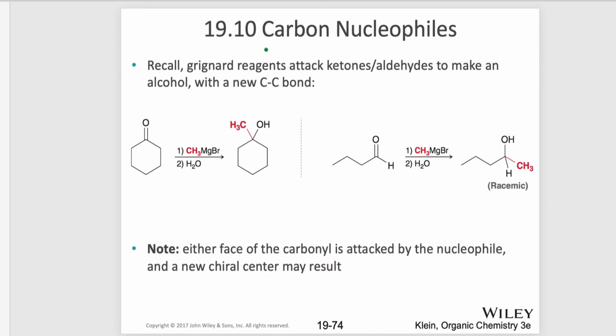Then we have also in here carbon nucleophiles. Let's go with pattern recognition. Grignard, sorry, this should be capitalized because it's named after a very famous chemist who came up with this very important method to make new carbon-carbon bonds. Synthetic chemists get really excited when a new carbon-carbon bond can be made. Better yet, when 2 can be made. Anyway, we're sticking with 1 here.